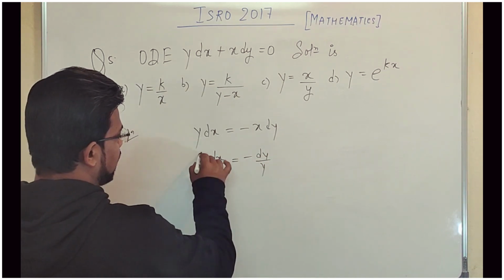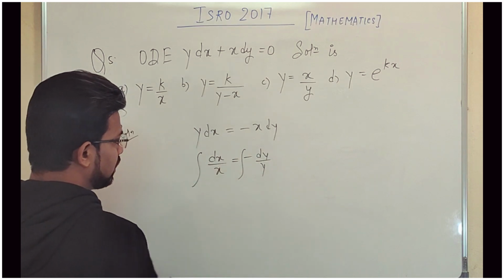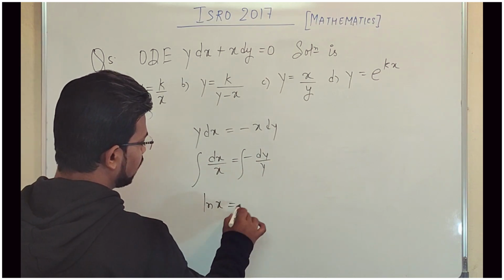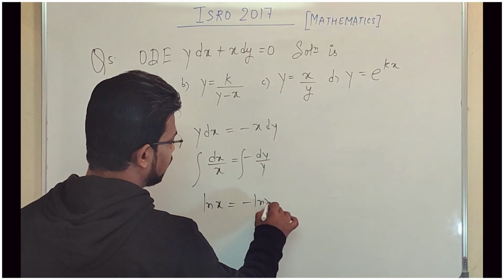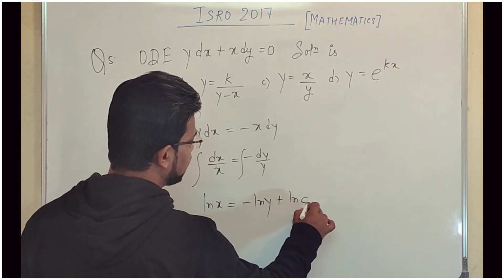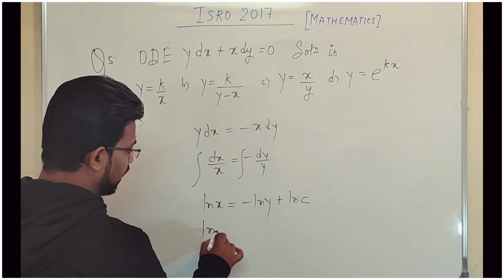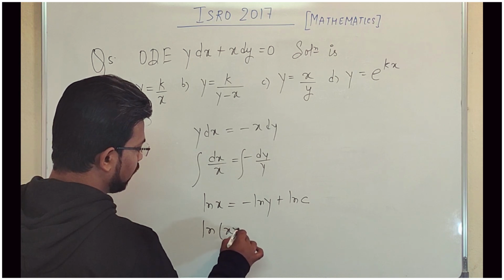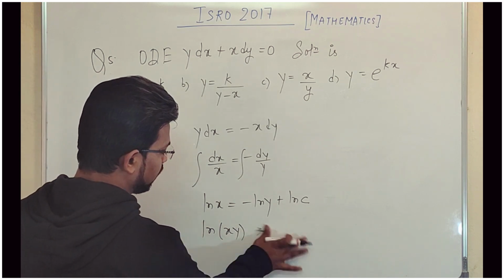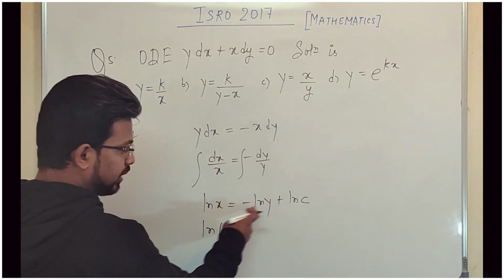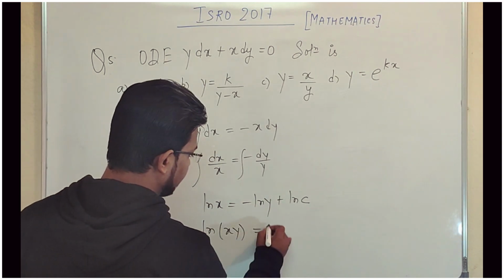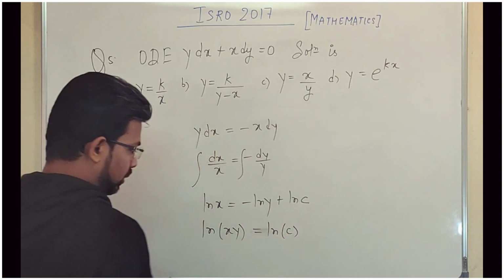Now if that is the case, then I can simply integrate this. This will be ln x is equal to minus ln y plus ln c. Now here we have ln x plus ln y, which is ln xy, and this is ln c.